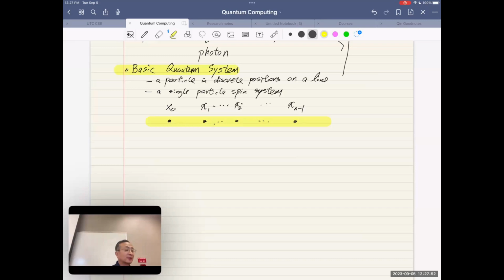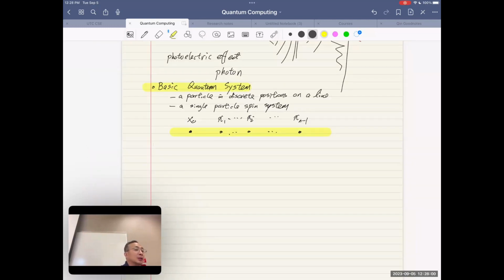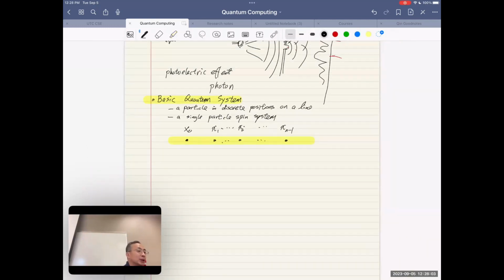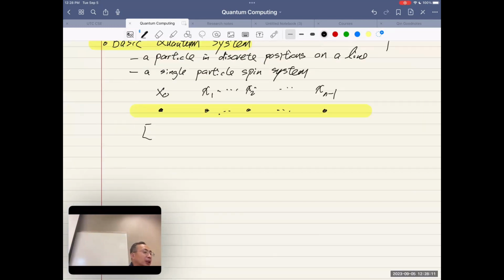Now, the way to describe this system, we can use a vector. If the system is x0, we can say the particle is in x0, because the particle can be in a discrete state. If the particle is in x0, it will be 1, 0, 0, 0. Right? And that will be this state.